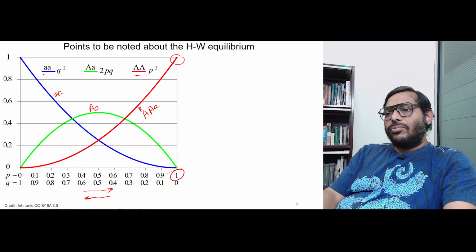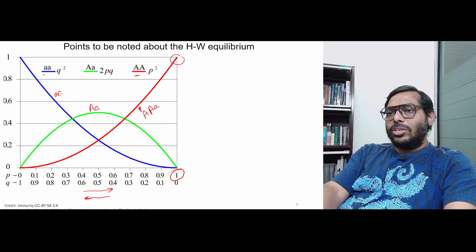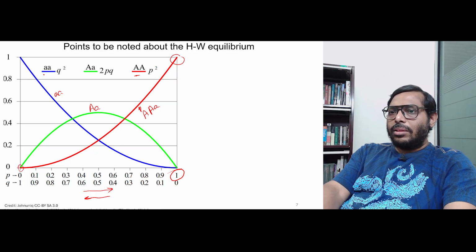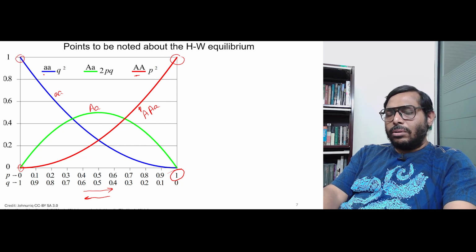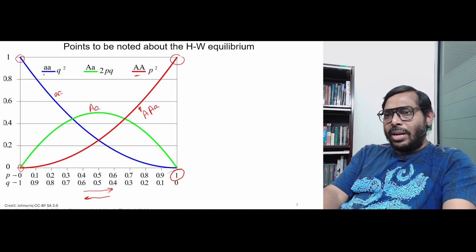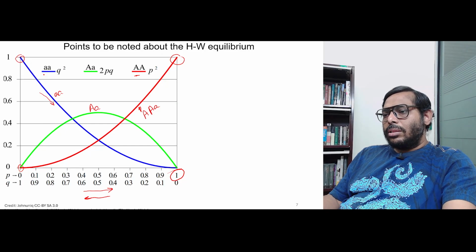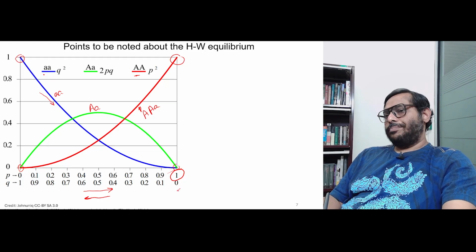The opposite happens for the other allele. When the frequency of that allele is at 1, the frequency of the homozygote is 1, and as the frequency of the small a allele keeps on decreasing, the frequency of the homozygote also keeps on decreasing, and when this frequency becomes 0, this frequency also becomes 0, no issues.